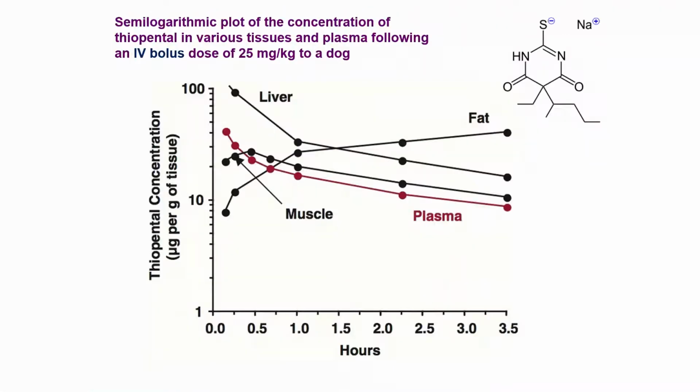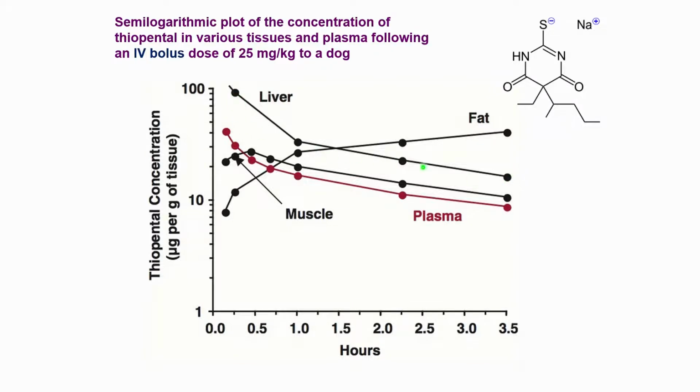That's an example. Thiopental concentration. That's for a dog. So in plasma, starting was 25, quickly drops down to 10 in several hours. The same drop of concentration will go in liver.